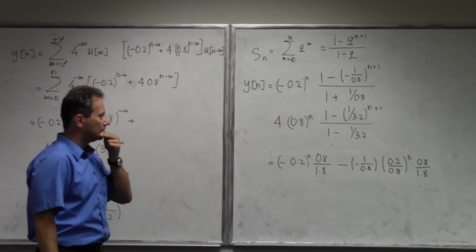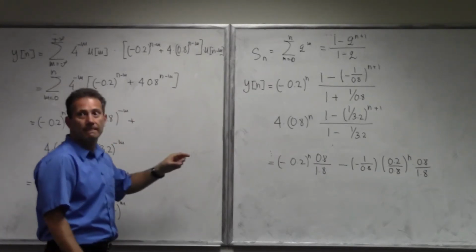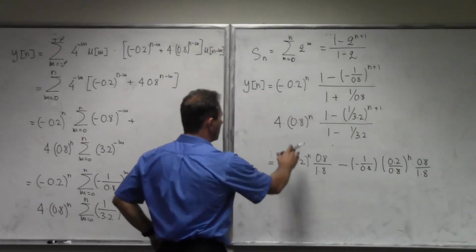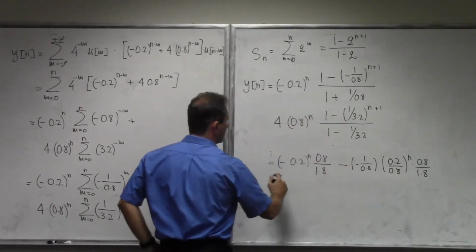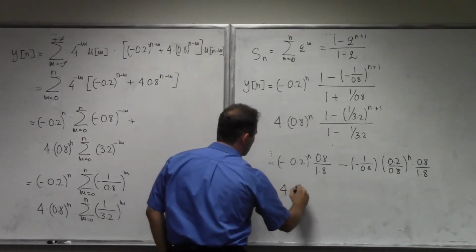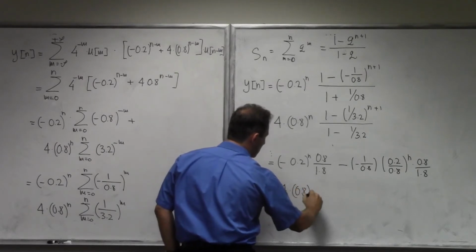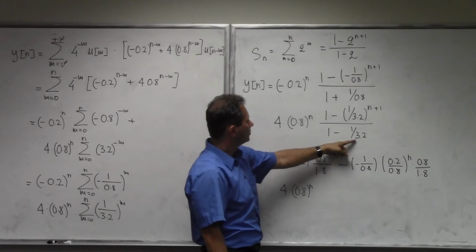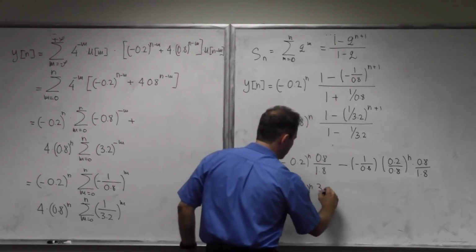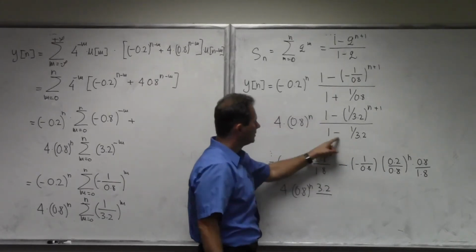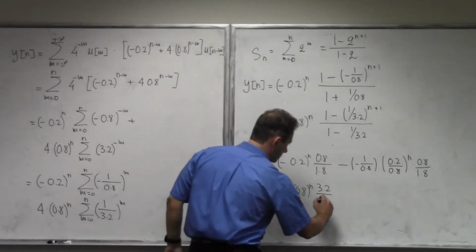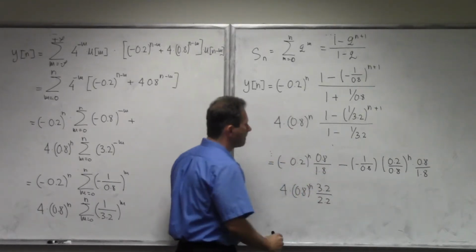Did you follow this one? Yes, sir. Yeah, so that's the second piece here. The first piece here is 4 times 0.8 to the n. And then I multiply top and bottom by 3.2, so I have 3.2 divided by 3.2 minus 1, which is going to be 2.2. So there's 2.2 here.